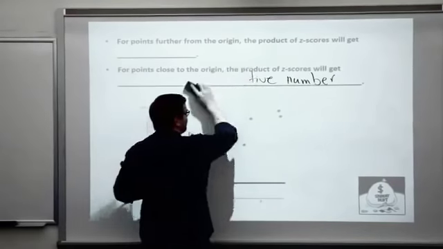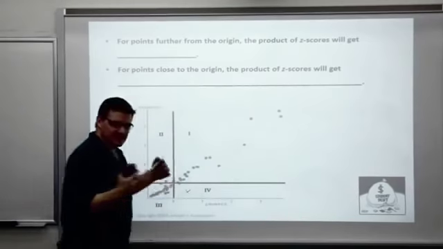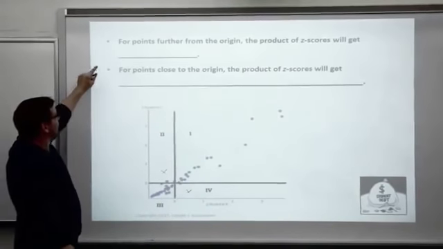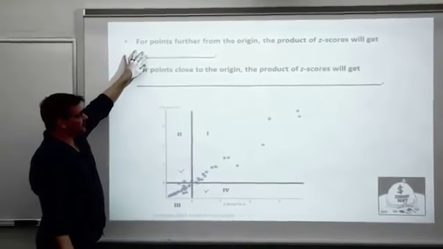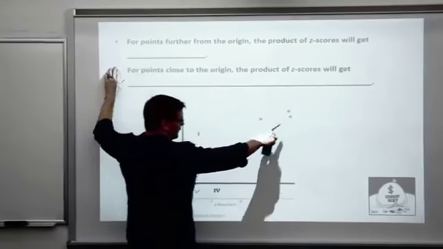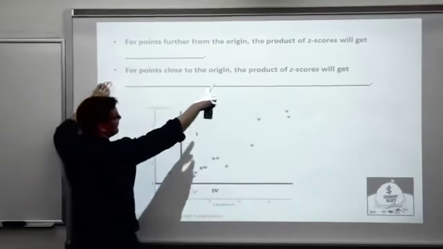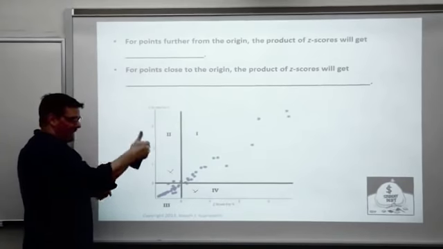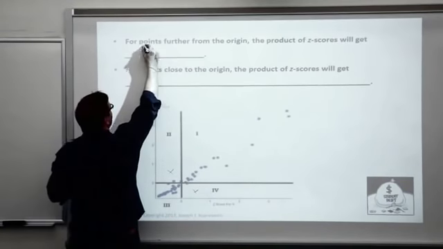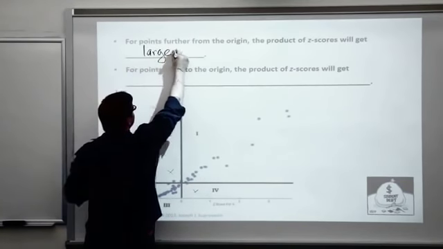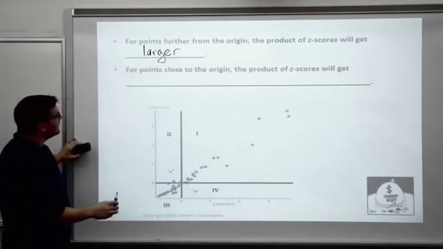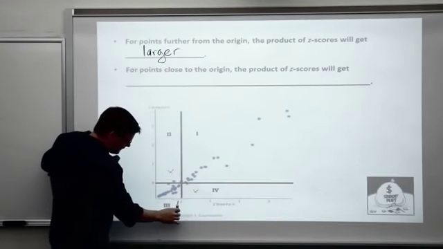Other things to think about. Remember, we're measuring the strength. How strong is that relationship? For points further from the origin, so think about these schools way up here, the product is going to get big, right? The product of the z-scores will get larger. Think about this.